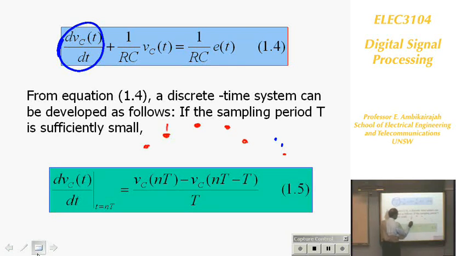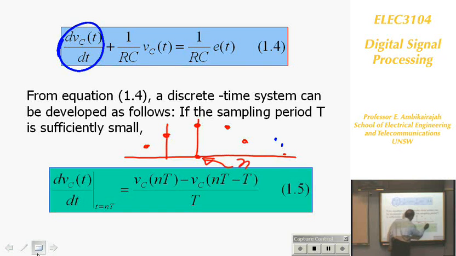I could say that this position is nT, n times T, where T is the sampling period. This is the value before. So I could say that will be nT minus T, because it's just one sampling period, T.